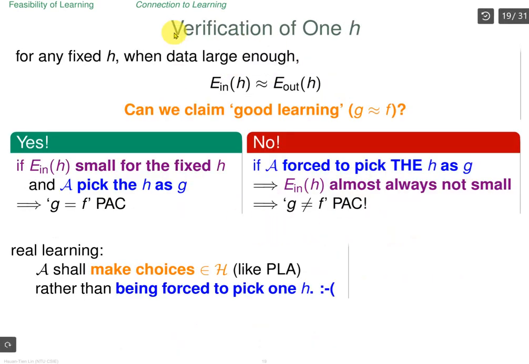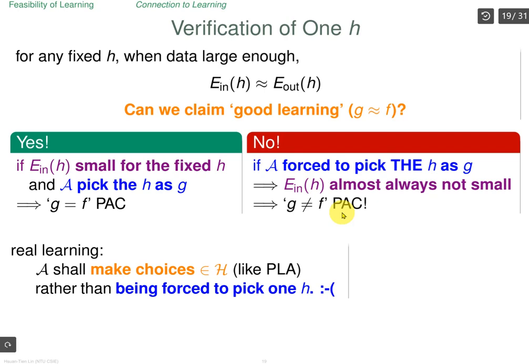However, using Hoeffding's inequality, so far we were talking about one fixed hypothesis. For any fixed hypothesis, when data is large enough, we said that in sample error could approximate out of sample error. In this scenario, can we claim good learning, good machine learning, selecting the g that approximates target function f?